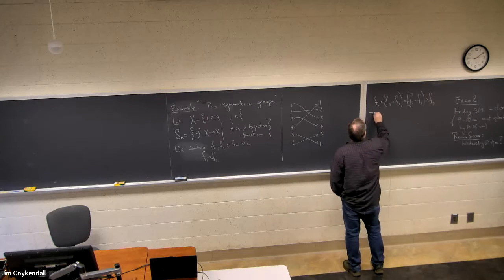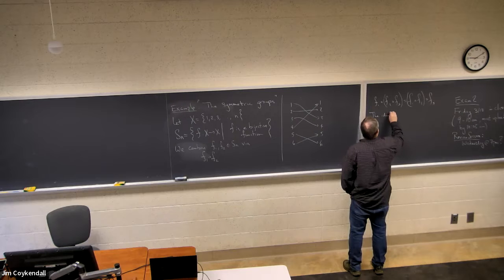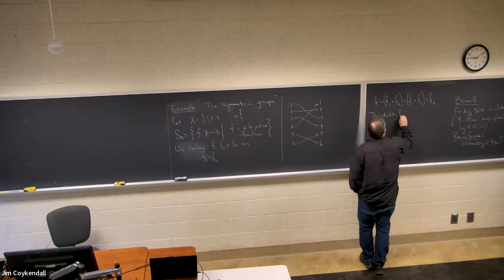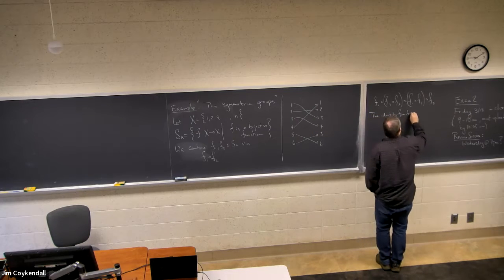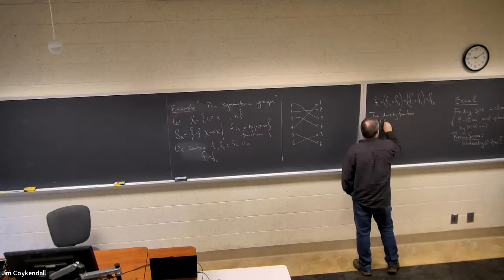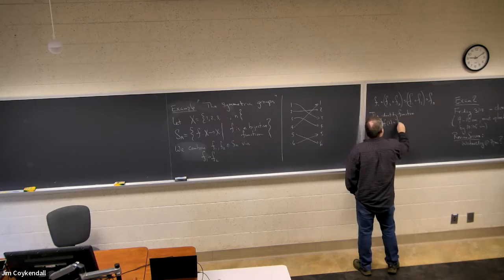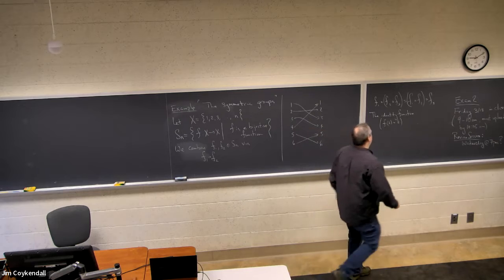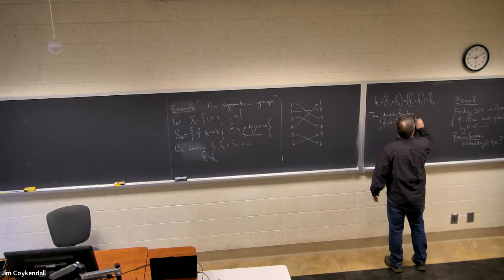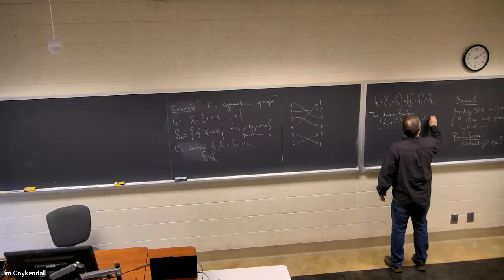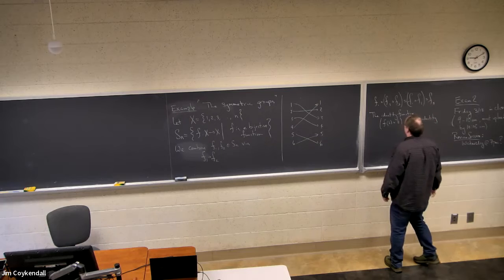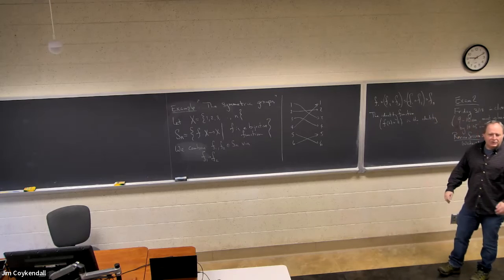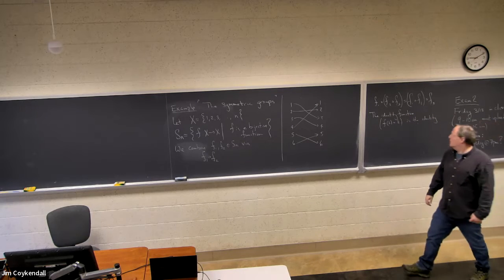The identity function, the function that takes every one of these numbers to itself, is the identity. If you compose with the identity function in either direction, it leaves everything alone.